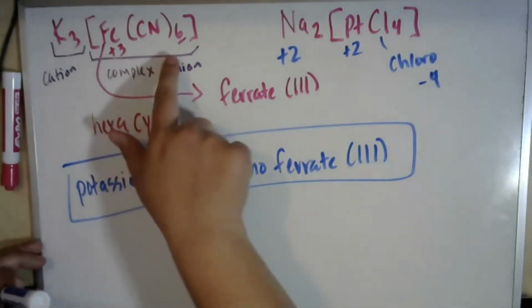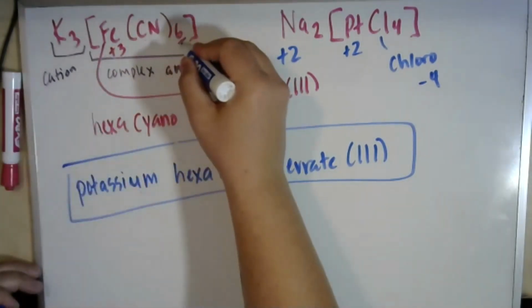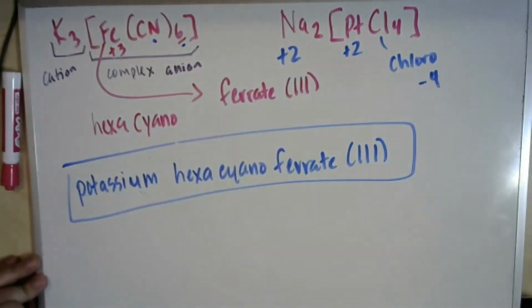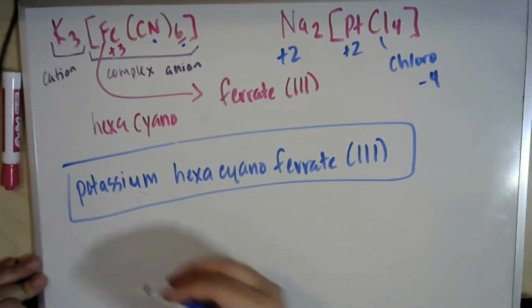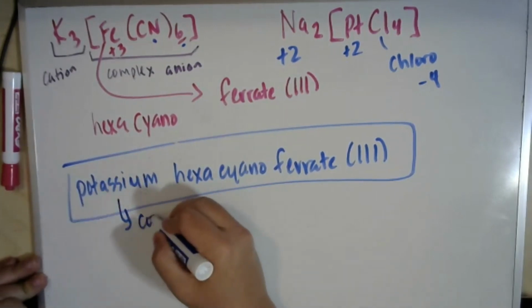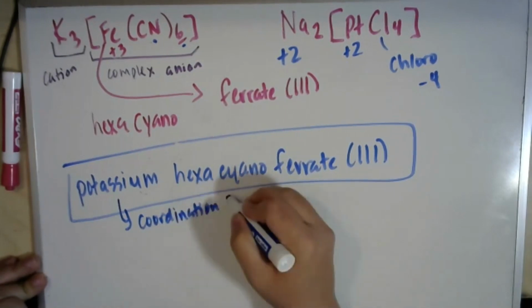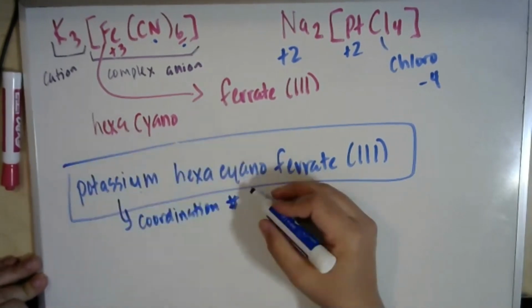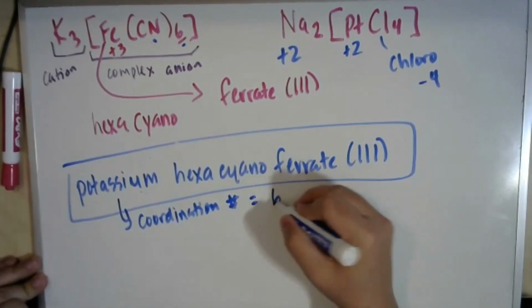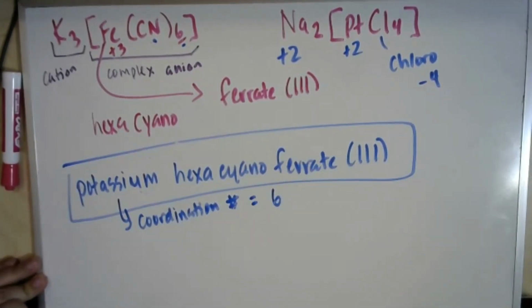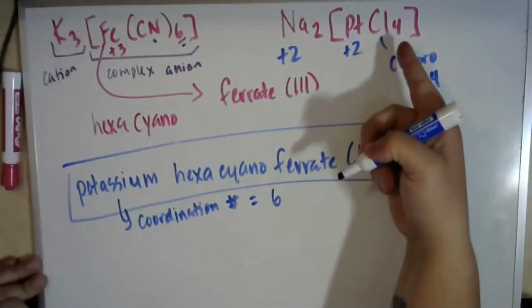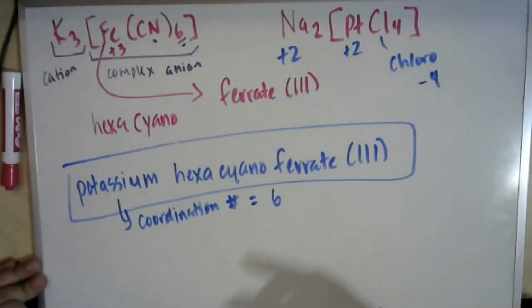So for our first compound here, we have 6 cyanide ions attached to that central metal. Cyanide is a monodentate ligand, and that means that the coordination number of that iron is going to be 6. Chlorine is also a monodentate ligand.